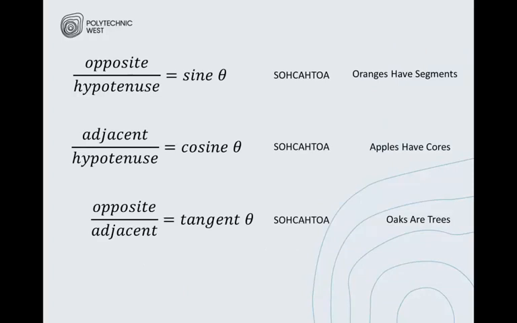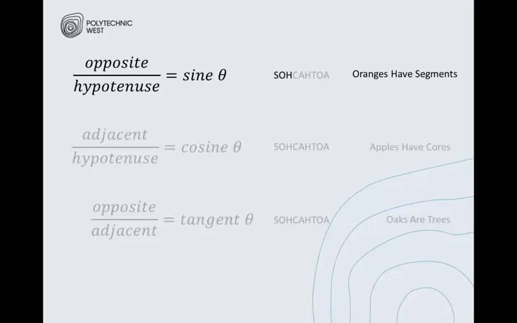Remembering these values, there's various ways. I often use oranges have segments, apples have cores, and oaks are trees. Some people use SOHCAHTOA. The way this works is, first equation, opposite over the hypotenuse equals sine.